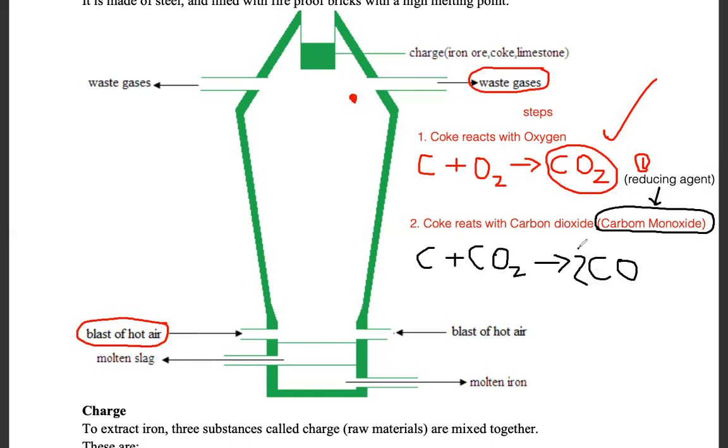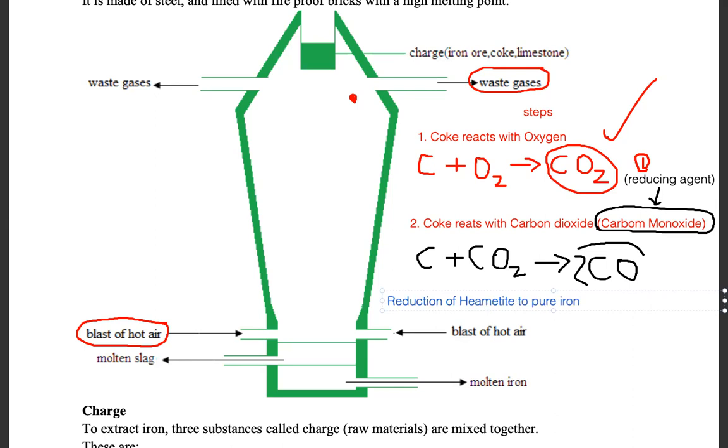Now, when this reducing agent is produced, the process can begin, because the guy we've been waiting for is finally here. So the third point is now the actual reduction, and they like asking this question. It's the reduction of hematite to pure iron.